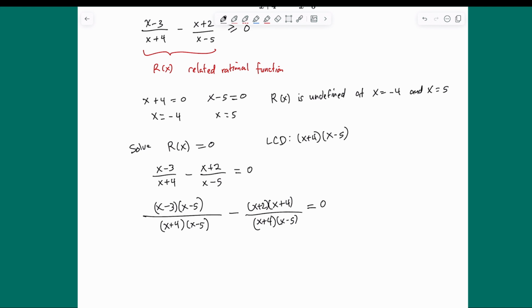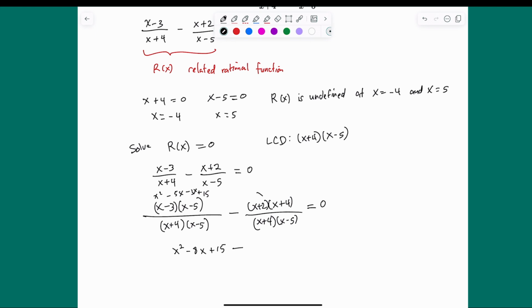So what we're left with is basically the numerators. I'm going to distribute those numerators. (x - 3)(x - 5) is x² - 5x - 3x + 15, which gives me x² - 8x + 15.